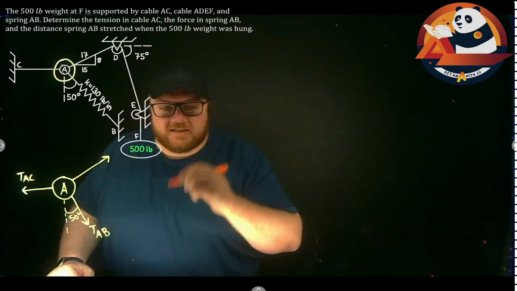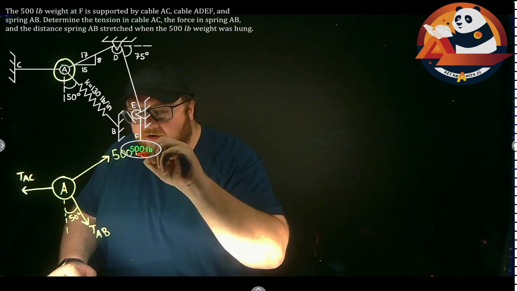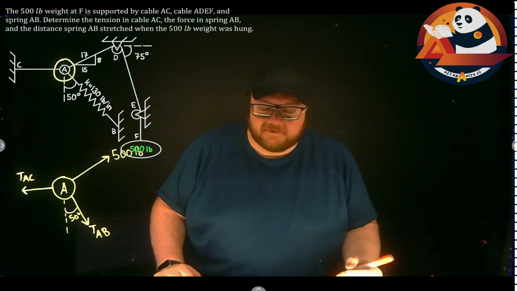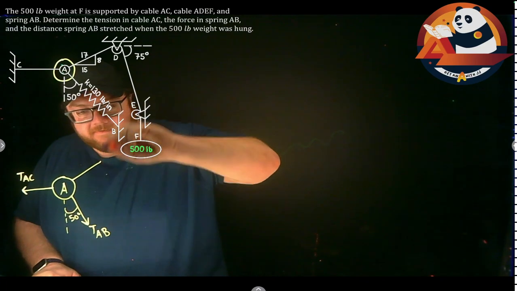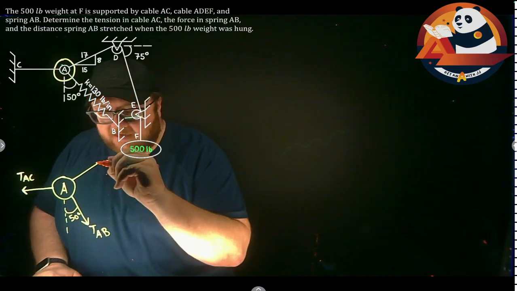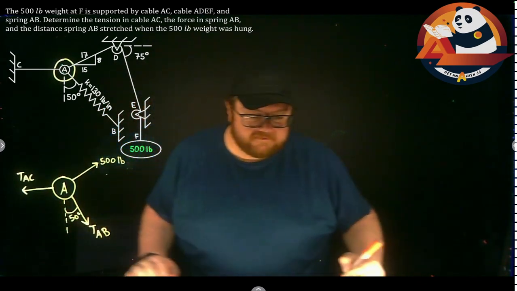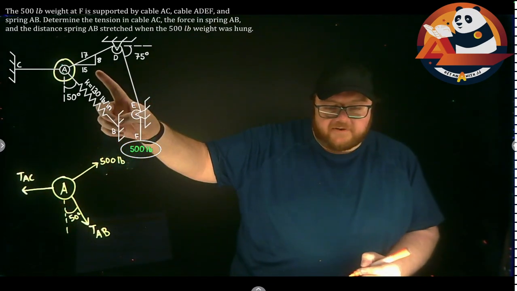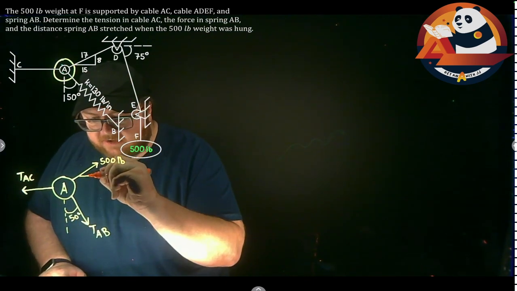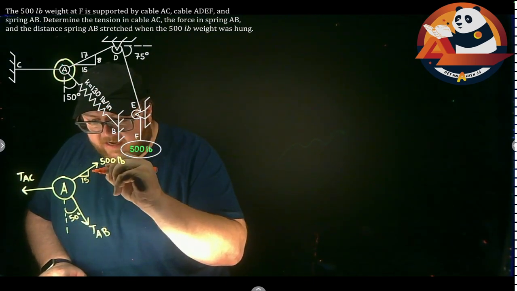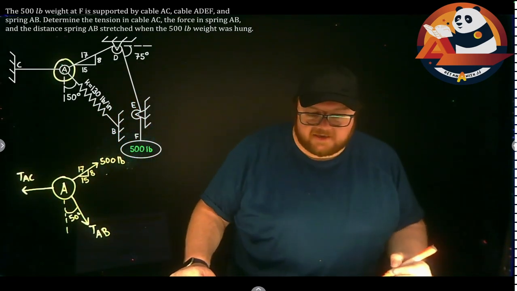Which means as we get all the way back into our particle, this is still a known 500 pounds. And we know our dimensions for that. It's a 15, 8, 17 triangle. So we can label that 15 horizontal, 8 vertical, 17 is our hypotenuse.